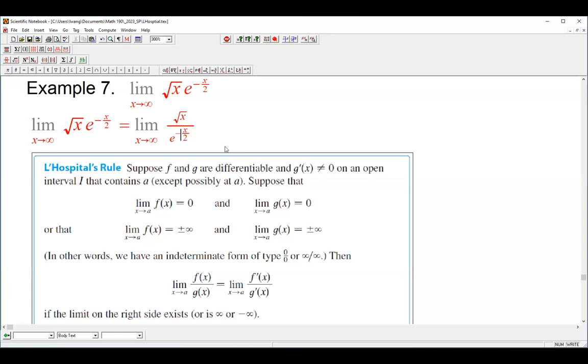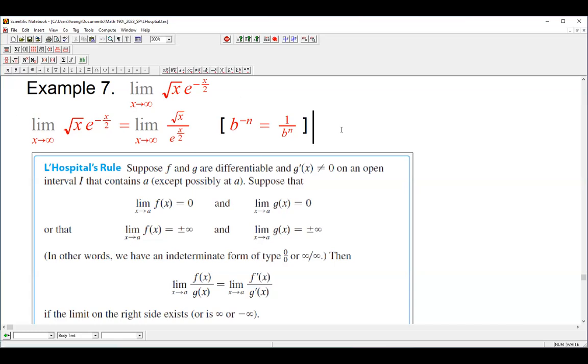So remove the negative sign. Okay, e to the power of x over 2. It was e to the power negative x over 2, right? So this is according to the property, just in case, b to the power of negative n is equal to 1 over b to the power of n, okay? The power rule.